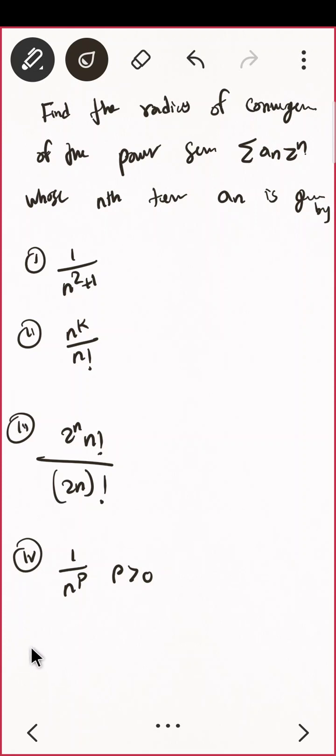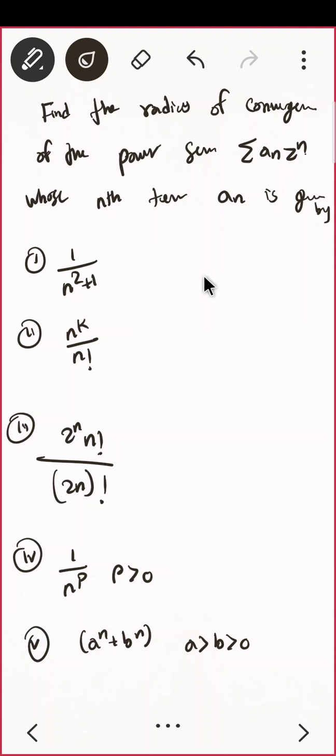And one more, let us take a raised to n plus b raised to n, where a is greater than b is greater than 0. Okay, so the question is to find the radius of convergence where a_n is this.